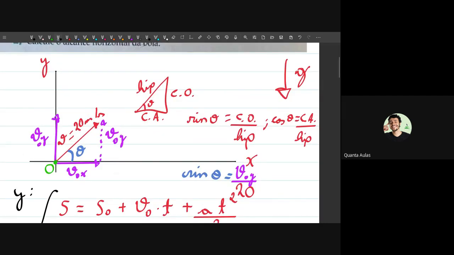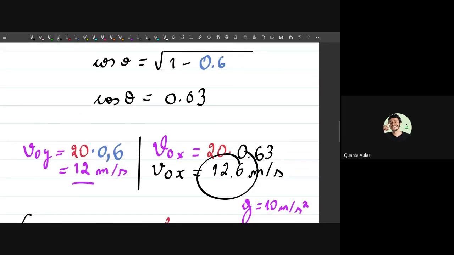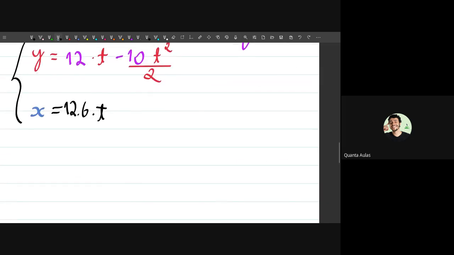The acceleration here, again, is only the gravity. So if we don't have acceleration in the horizontal, the velocity is always the same. It is always this value here. This is strange because we can see the body decrease its velocity, but this decrease is only in y. It's only in the vertical, okay? In the horizontal, no. Okay? Do you understand the situation?